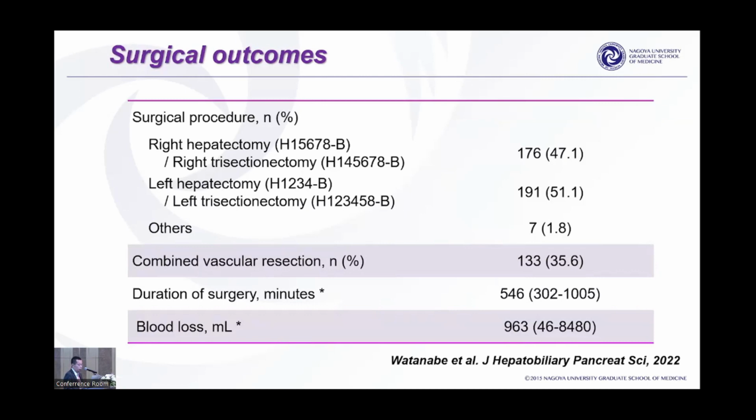The number of right-sided hepatectomies was approximately equal to left-sided hepatectomies. Combined vascular resection was performed in 35% of patients. The median duration of surgery was 546 minutes, and blood loss was about 1,000 milliliters.